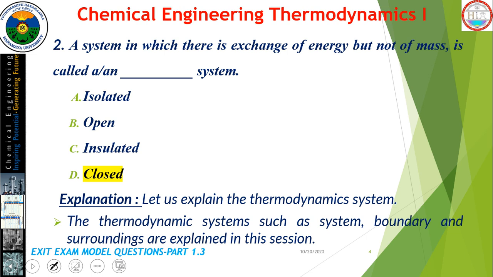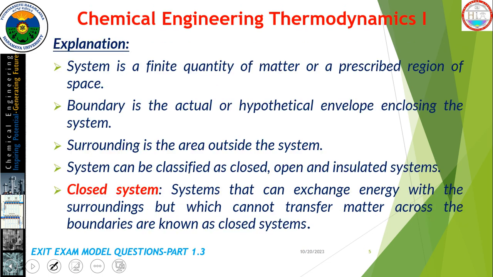Let us explain the thermodynamic system. The thermodynamic system, boundary, and surrounding are explained in this section. A system is a finite quantity of matter or a prescribed region of space, which means that the space utilized for the study is considered as a system.